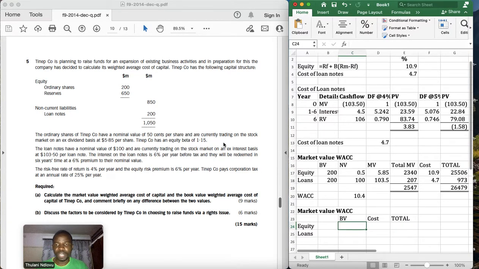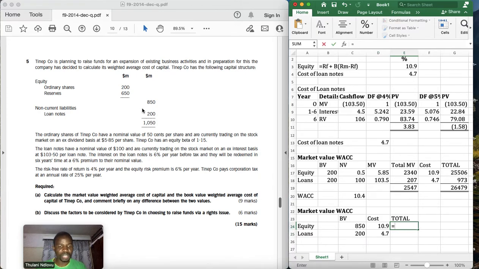Now, the book value for equity should be ordinary shares plus reserves. So here we will have 850. Then the book value of the loan will be 200. The cost remains the same, 10.9, and for debt 4.7.